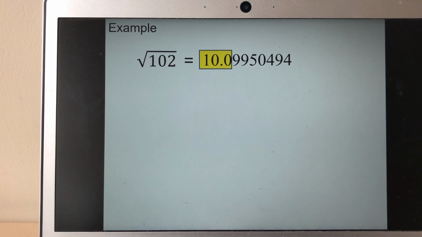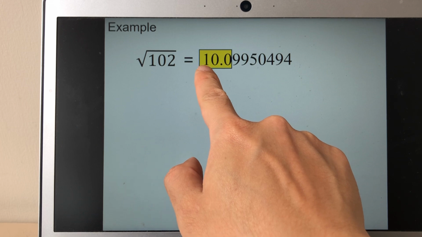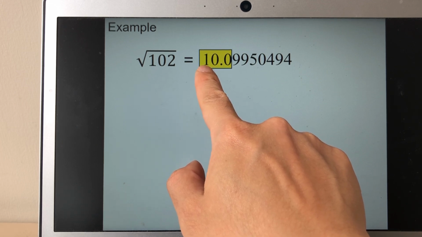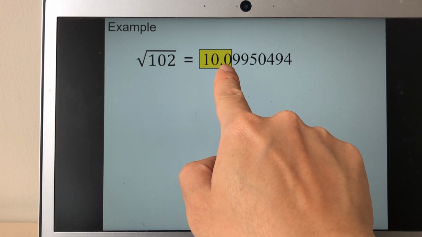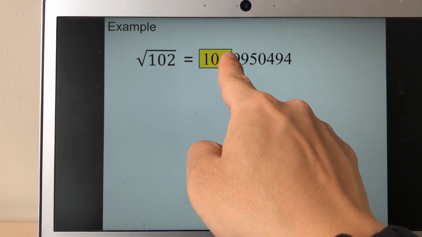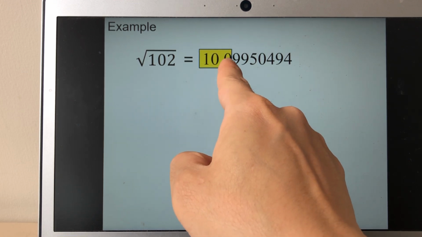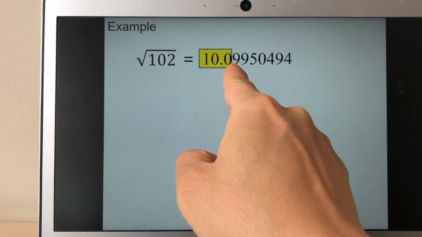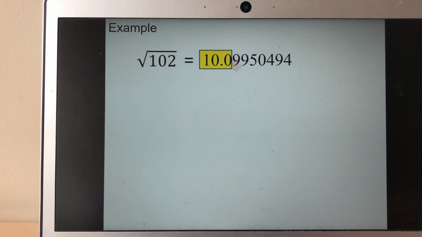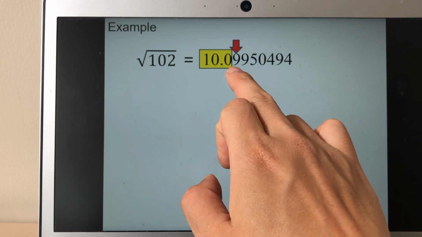So 3 significant figures means that starting from the first non-zero number, we have to count 3 numbers, 1, 2, and 3. And then let's stop here. We're going to use these 3 numbers. But we have to check one thing, which is the number behind the last number, this one. We have to check this number to see if this number is big enough.